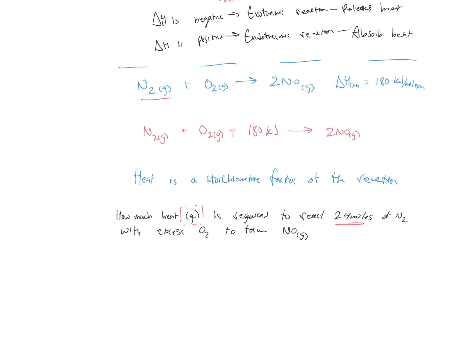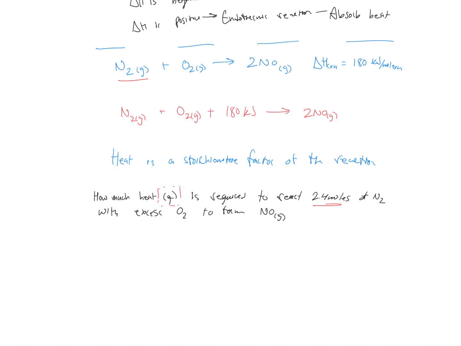And so if we're going to set this up in a dimensional analysis format, we can say that we have 2.4 moles of N2 per reaction. For every 1 mole of N2 that I consume, I need 180 kilojoules of energy, which is what this is saying when it's on the left side of the reaction.